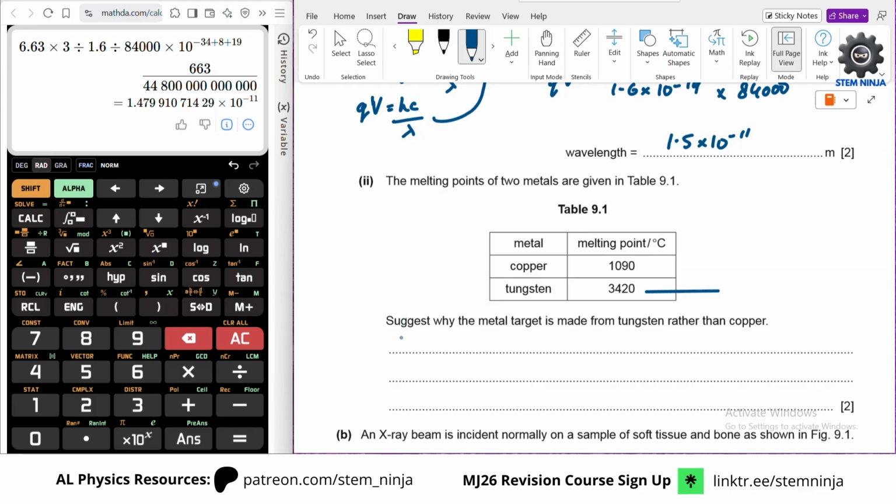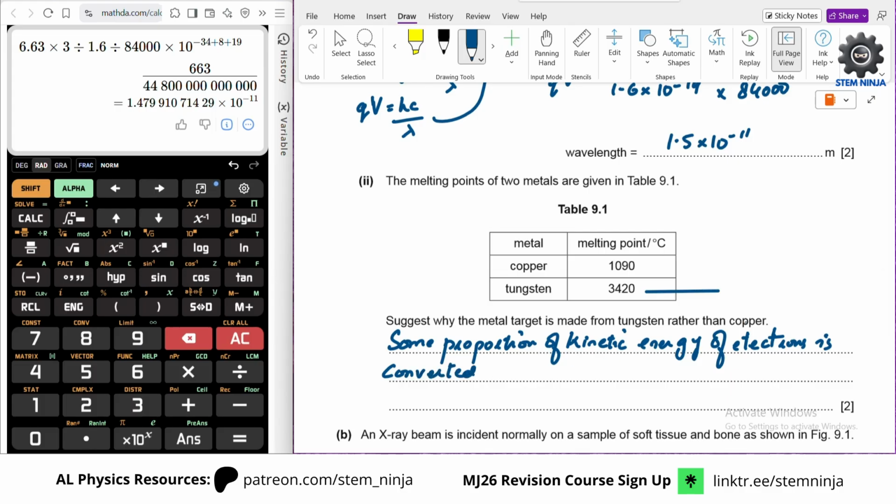So we can say that some proportion of the kinetic energy of electrons is converted, not for each electron, but some electrons.